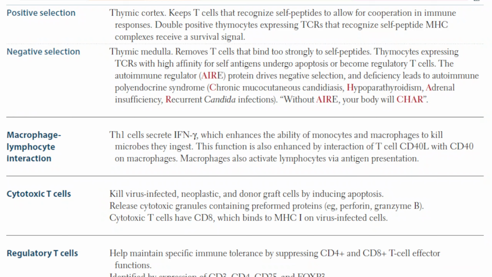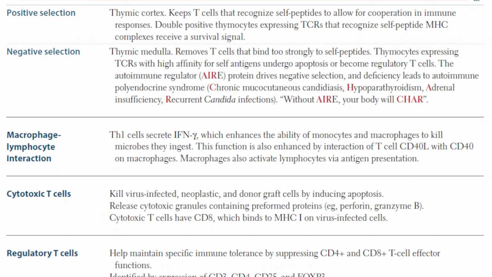We're going to explain it here. So in this process, positive selection and negative selection. The positive selection happens in the thymic cortex. It keeps the T cells that recognize self-peptides to allow cooperation in the immune response.